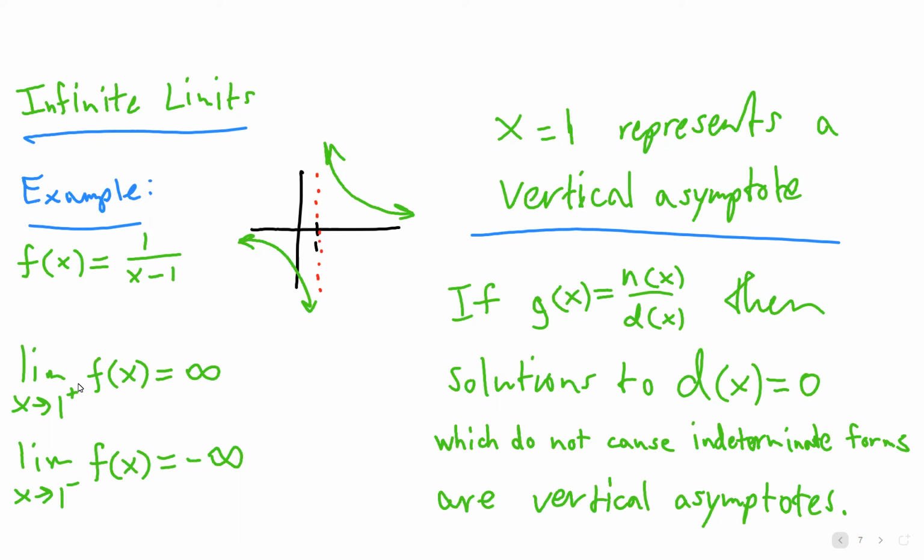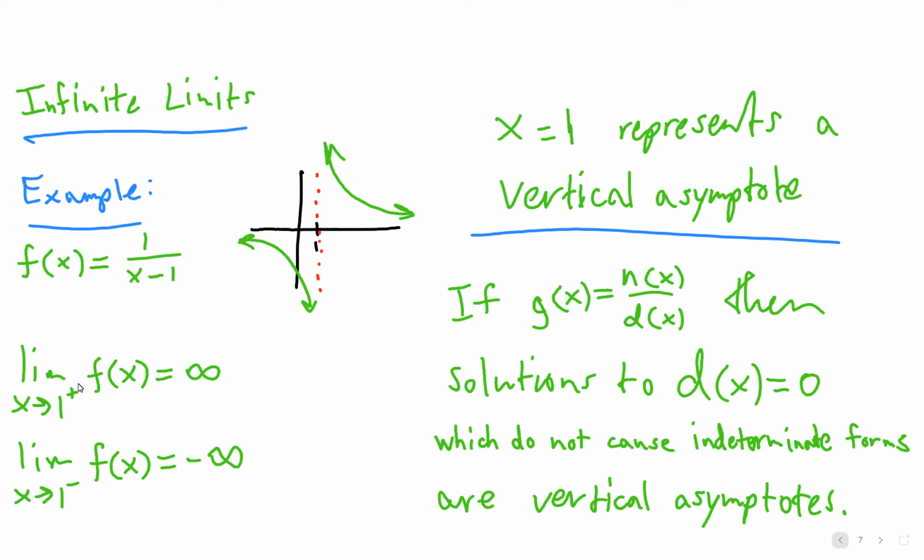We can also take a look at what happens as we approach that vertical asymptote. Say that we took values that are slightly larger than 1, or we looked at the right-hand limit. Those values would approach a very large positive number.